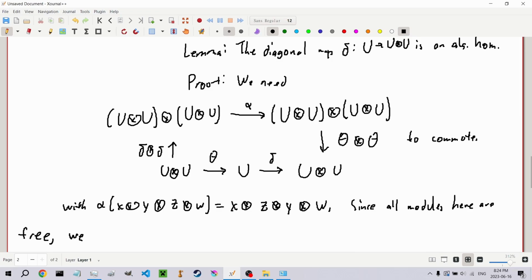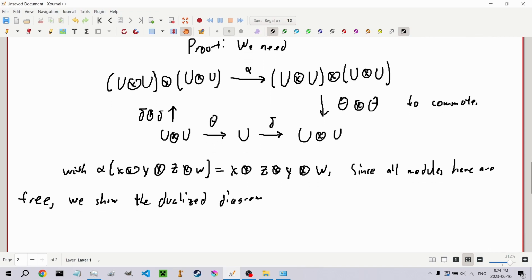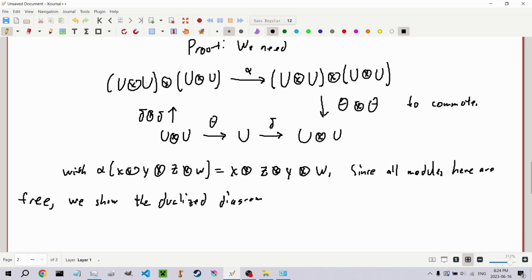we can show the dualized diagram, which went right, and we're going to show this is commutative, where this is going to be H completed as tensor, and so here we're replacing the U's with H's. That's going to be everywhere actually. Here this map's going to go the opposite direction. It's going to be alpha prime.